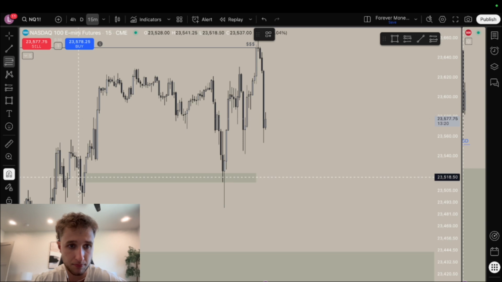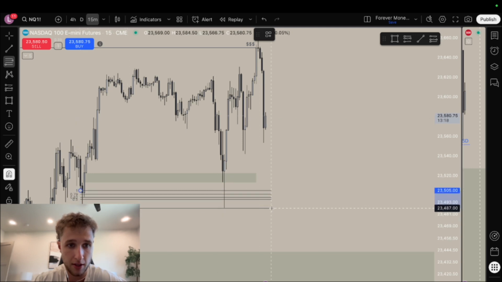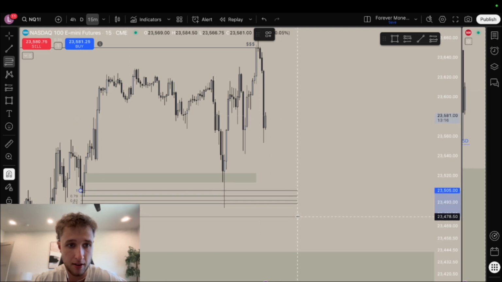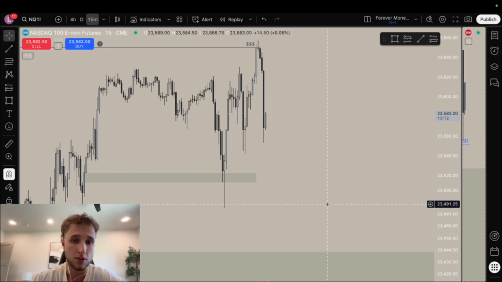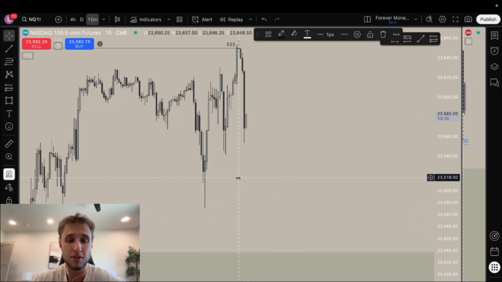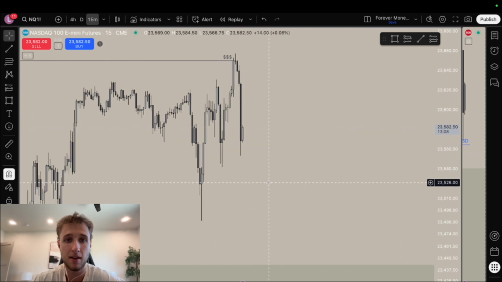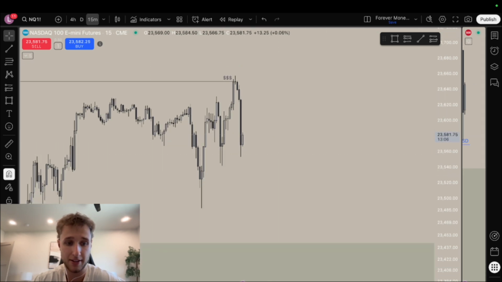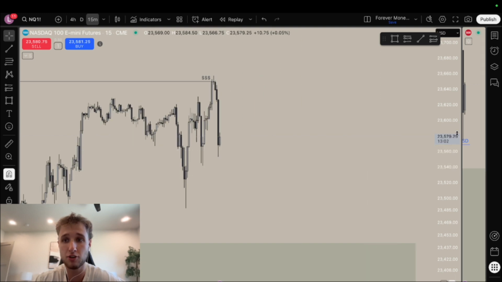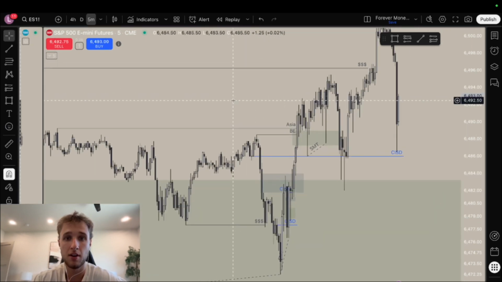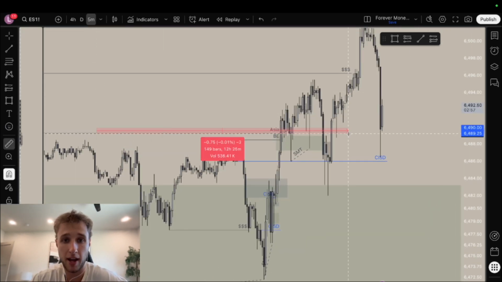Now, we're also respecting constant encroachment of this 15-minute wick. So we're respecting bullish order flow, and that was the first indication that we might be bullish, and at least ES wants to go to Asia high.